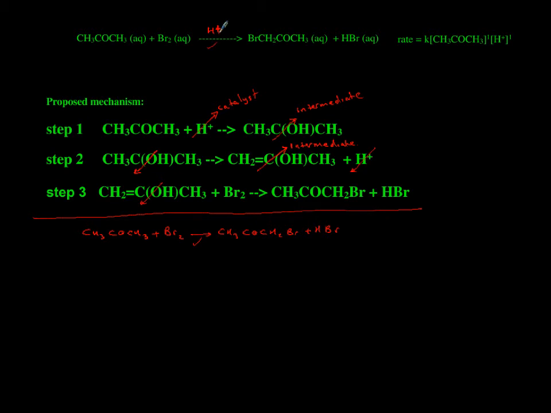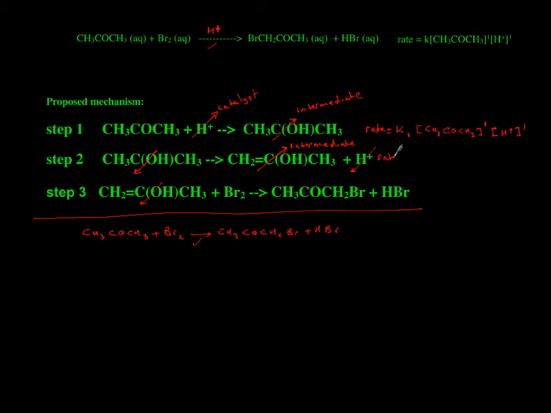Now, it's up to us to decide which step is slow. So I'm going to write the rate for all 3 steps. The first one could be k1 times propanone raised to the power of its coefficient, which is always 1 for elementary steps, and H to power 1.